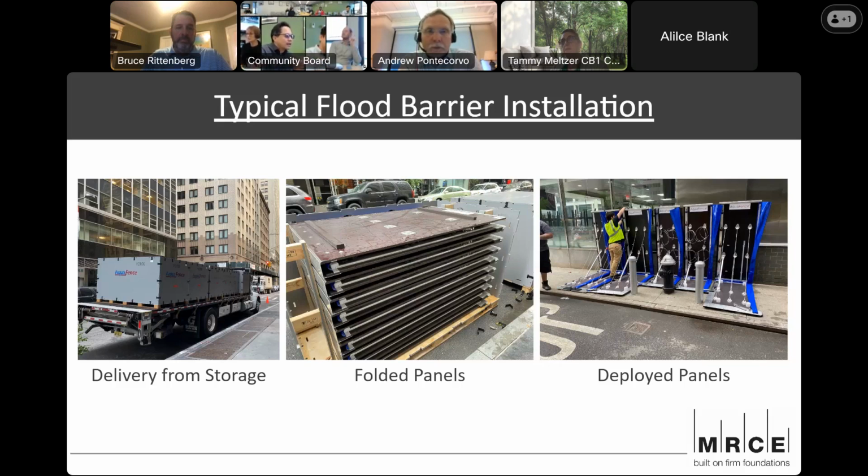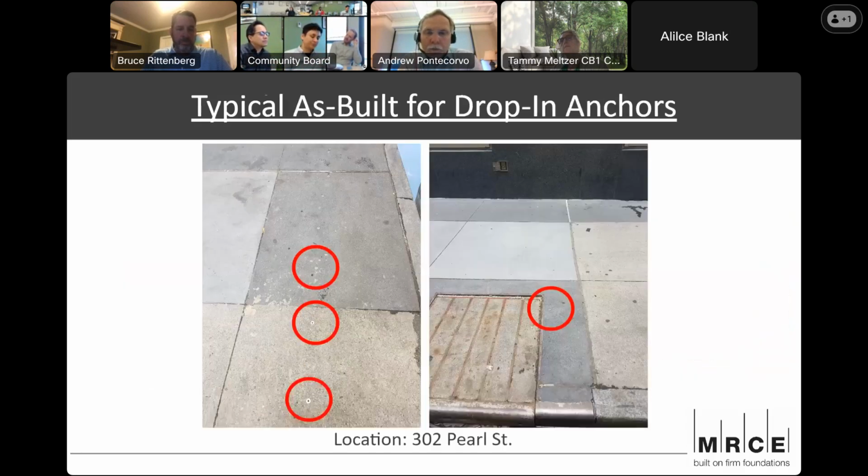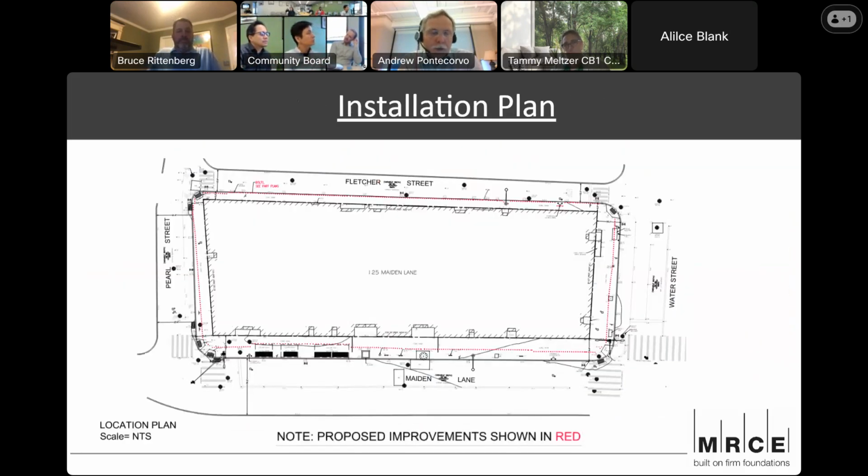Right. But my question is, what are you going to do for the manholes? Aren't there some manholes on the sidewalk? Correct, yes. If we could go back to the plan slide.